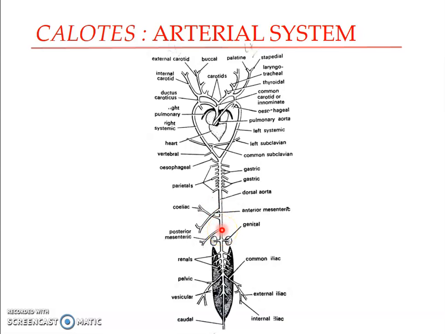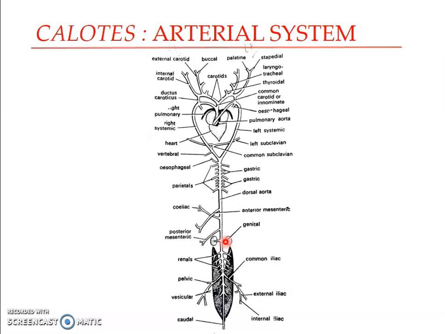The posterior mesenteric, otherwise known as the hepatointestinal artery, arises from the right side of the dorsal aorta, runs obliquely downward or backward, supplies the gallbladder and the intestine, and you can see it bifurcates there, isn't it?